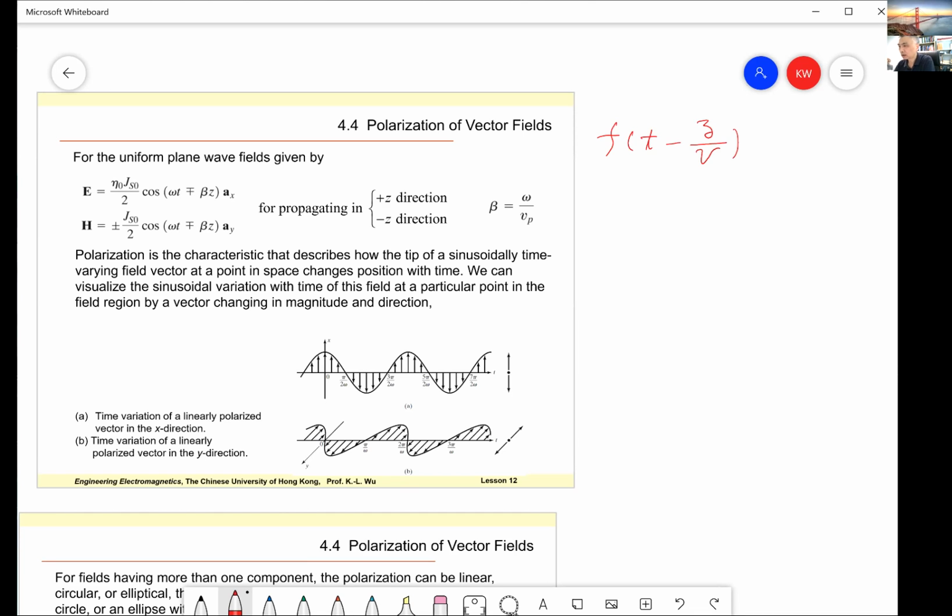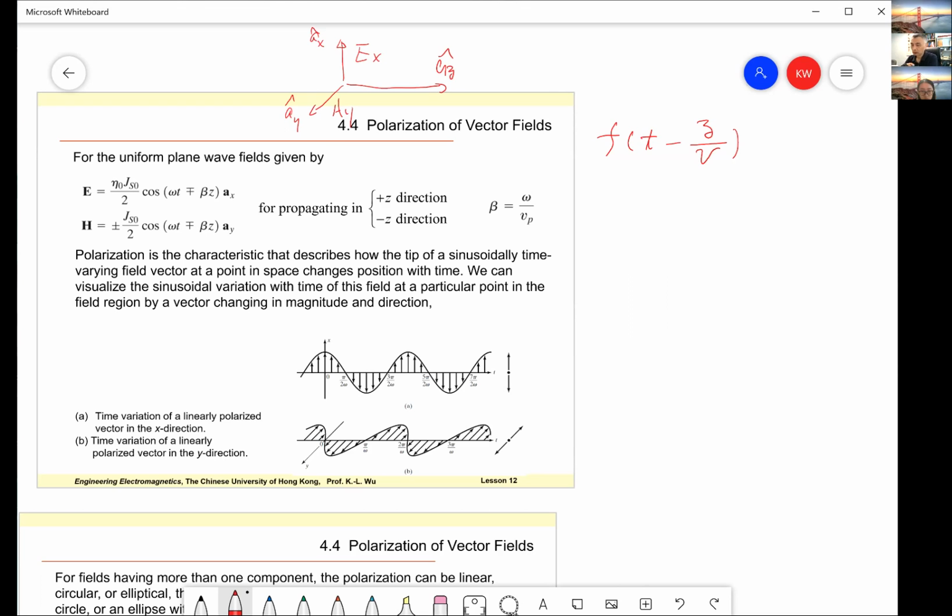So we derived this conclusion by assuming the electrical field has an x component, and the magnetic field only has a y component. Then we can find the propagation direction is in that direction.